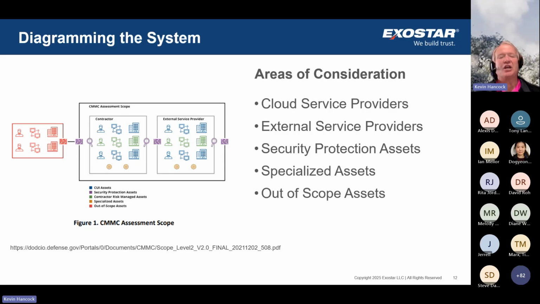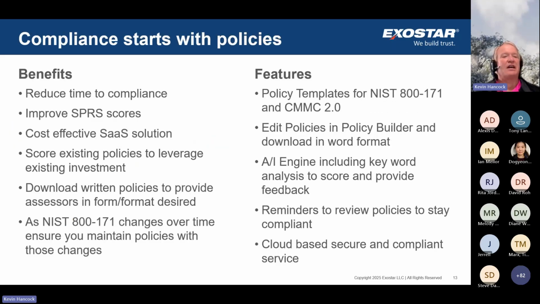So that's what we're going to do within Policy Pro itself. So Policy Pro is that centralized location that'll reduce the time it takes you to build those different policies for your organization. Offered out as a service from Exostar. So as NIST 800-171 may change, as different requirements may come into play, etc., it'll keep getting updated. It'll save these for you.